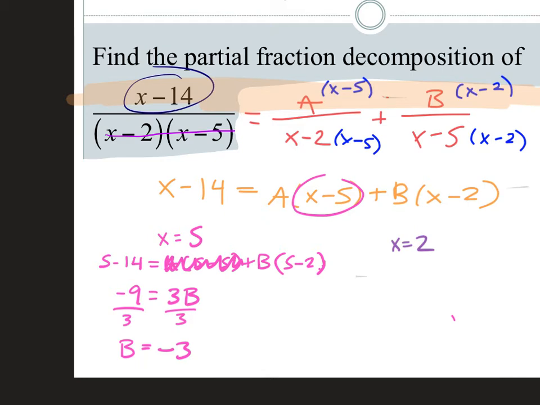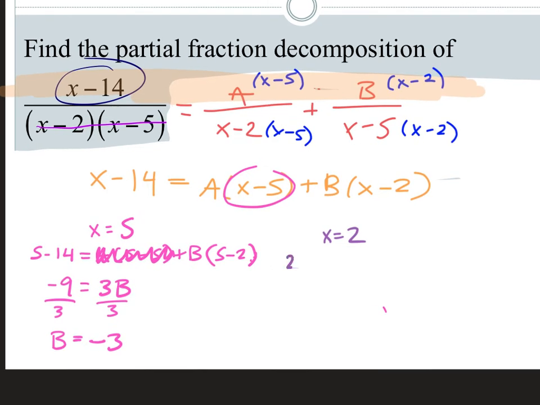All right, now let's plug in 2. So we have 2 minus 14 is equal to a times 2 minus 5 plus b times 2 minus 2. 2 minus 14 is what? -12. And then 2 minus 5 would be -3 times a.